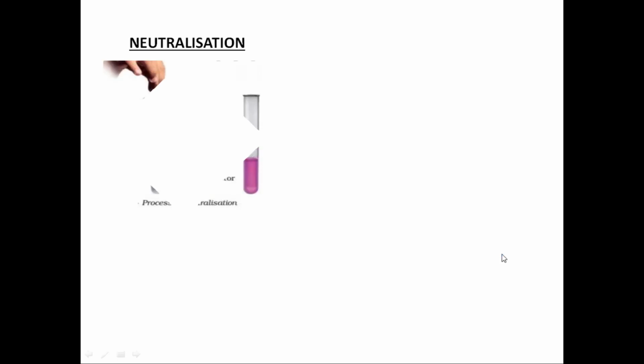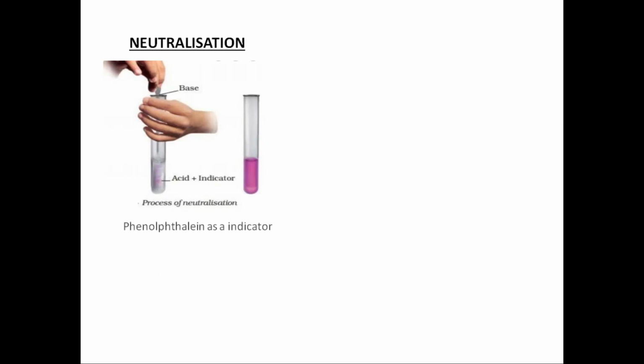Next we'll go to neutralization. We have done acid and base. We have used different varieties of acid base indicators, natural indicators, to identify which one is acid and which one is base. So here one indicator is phenolphthalein indicator, and when this indicator is added to acid, it becomes colorless.